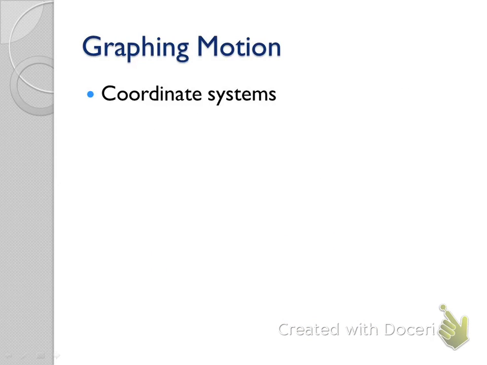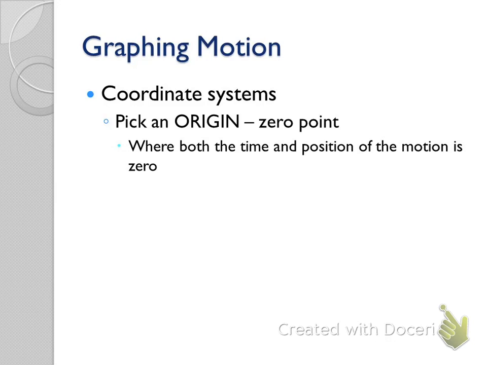Okay? We're going to use a coordinate system to help us look at motion a little bit more graphically. So does everyone understand what I mean when I say coordinate system? I've got a coordinate plane with an origin and all that kind of stuff. So when I say pick an origin, that's basically going to be the place at which our motion begins.